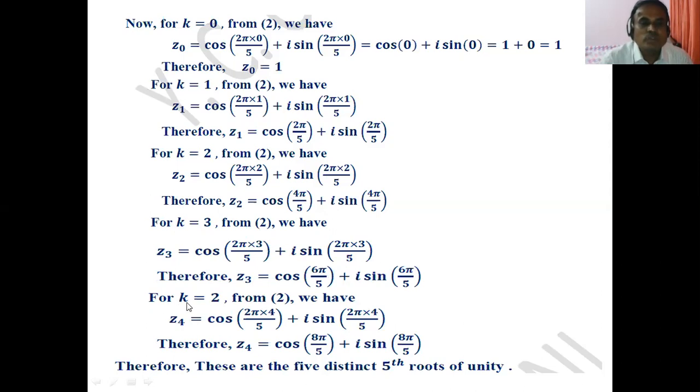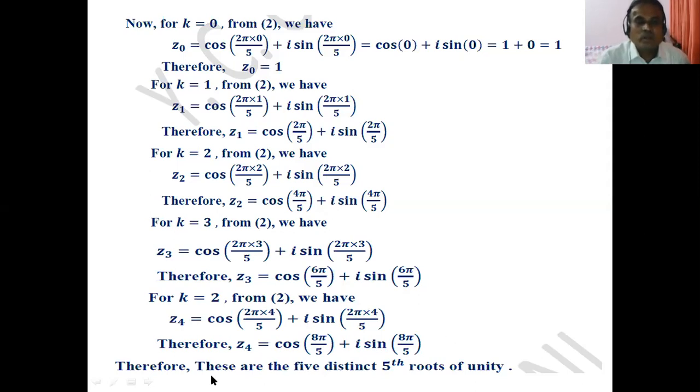Now we put k equal to 4 in equation 2, and therefore z4 equal to cos of 2 pi into 4 upon 5 plus i sin 2 pi into 4 upon 5, so z4 equal to cos of 8 pi upon 5 plus i sin 8 pi upon 5. This is the fifth root of the complex number.